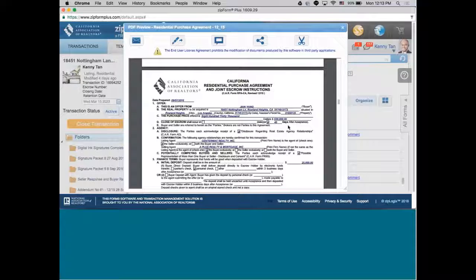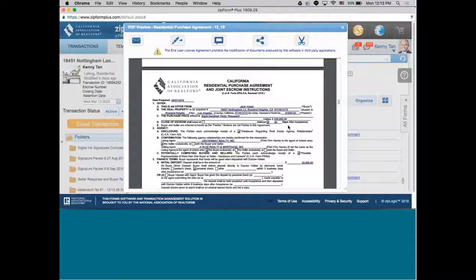So if the buyer submits an offer with a pre-approval, when you receive a pre-approval, if it is just a letter, it really doesn't tell me much about how likely this buyer is going to get approved in a timely manner.